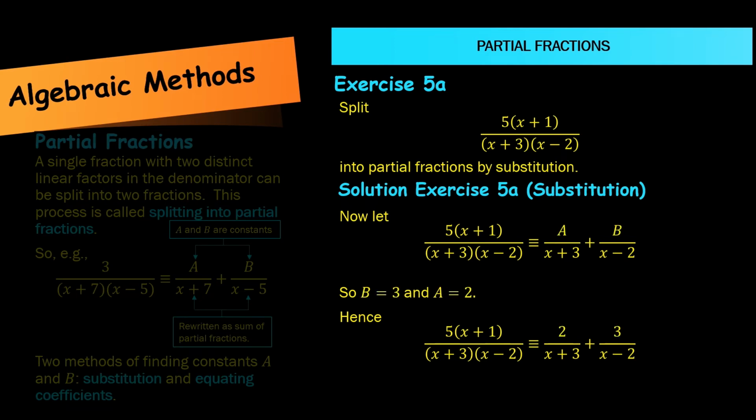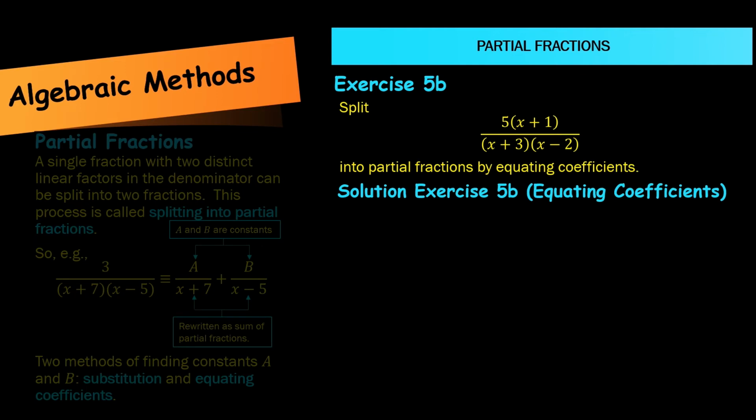And now for part B. We are required to split the expression shown on your screen into partial fractions by equating coefficients. So let's express this as a over x plus 3 plus b over x minus 2, as shown.